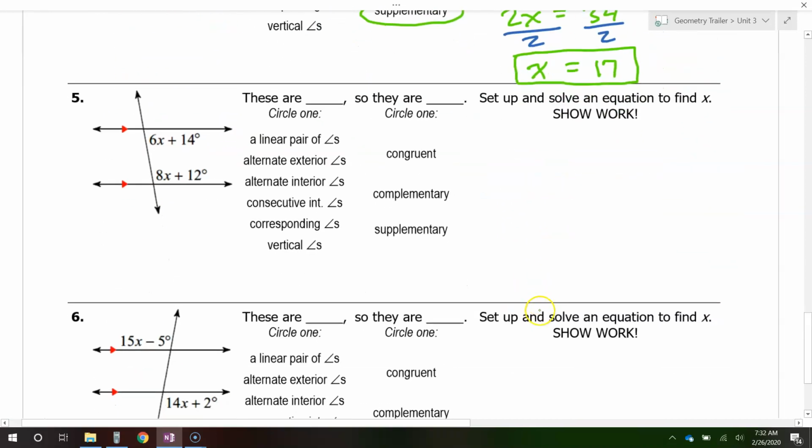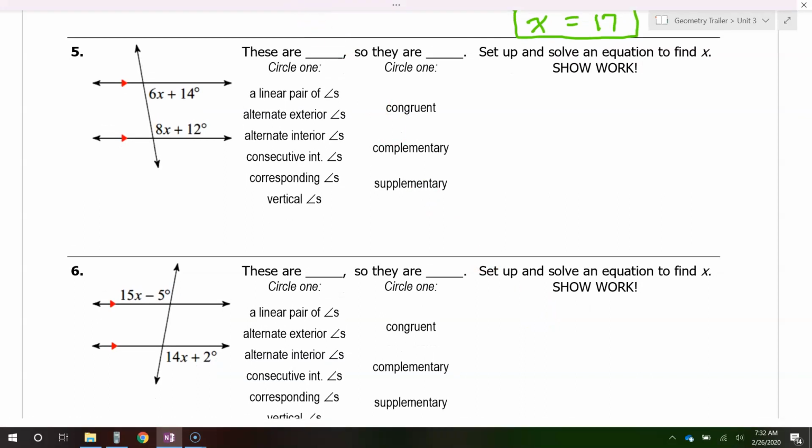All right, how about number 5? Well, these are consecutive interior angles. They are interior because they are between the lines.